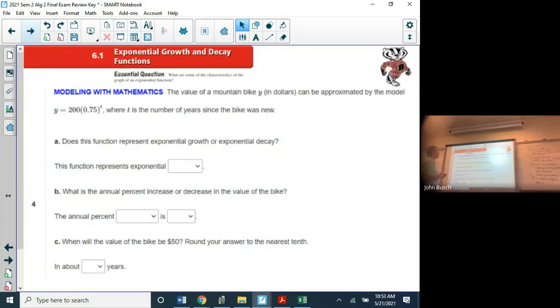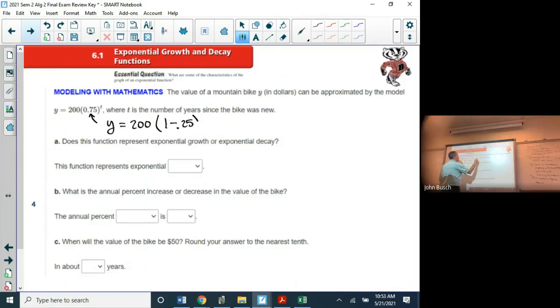All right. We have to decide if this is growth or decay. It's a good idea to rewrite this. The principal is 200, and this is 1 minus 0.25. That's how you get 0.75. And the power is t.